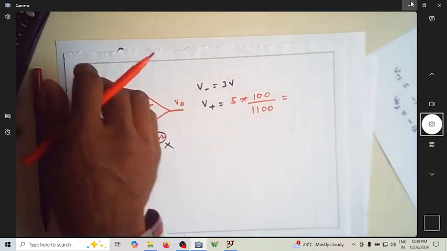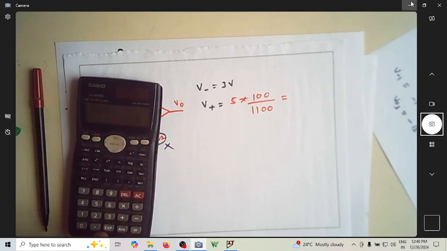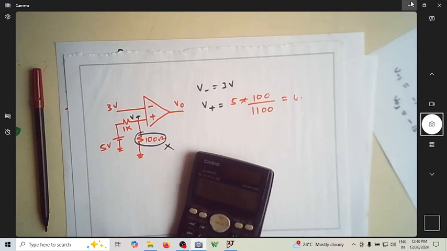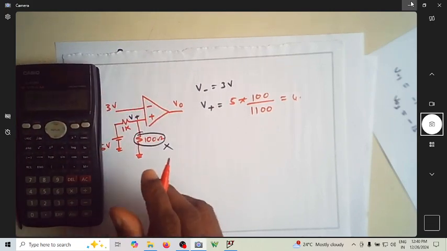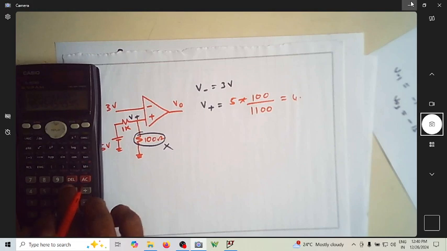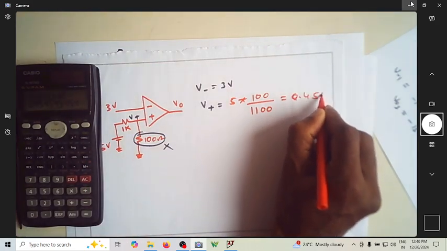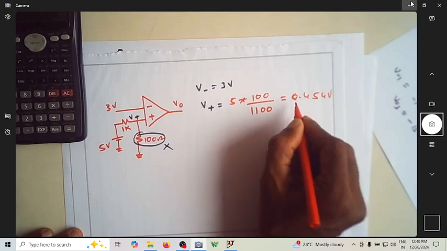So how much is that? 5000 divided by 1100, it is 0.454 volt. So now the voltage V plus is 0.45, right?